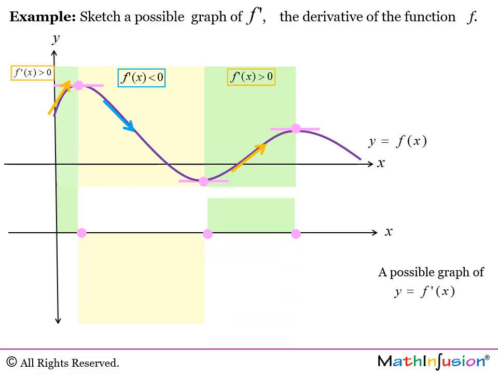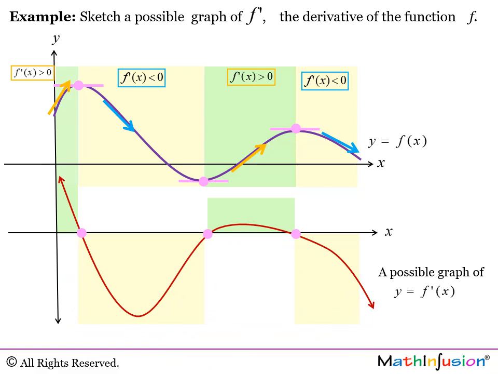And here, you can see that all the tangent lines have negative slopes, and that's why the graph of the derivative has to be below the x-axis. So we will connect the dots somehow, and this is a possible graph for the graph of the derivative of f(x).